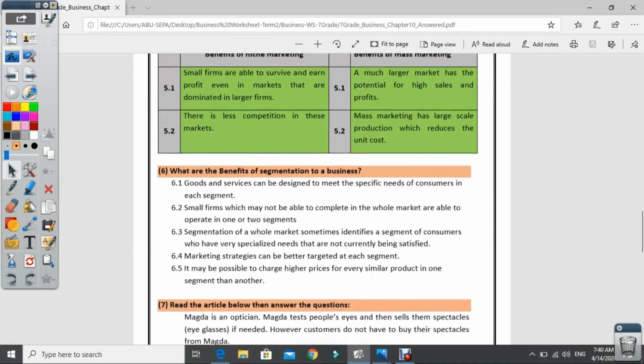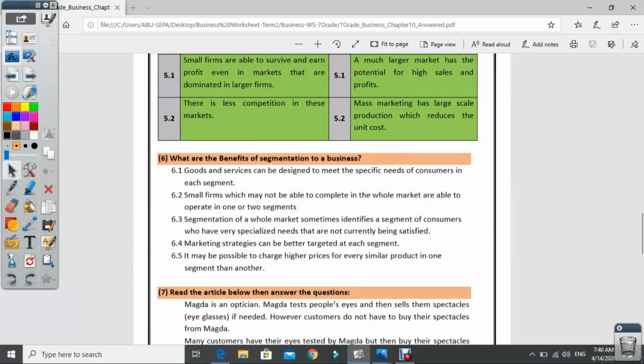Question number 6. What are the benefits of segmentation to a business? The first one, goods and services can be designed to meet the specific needs of consumers in each segment. The second one, small firms which may not be able to compete in the whole market are able to operate in 1 or 2 segments.